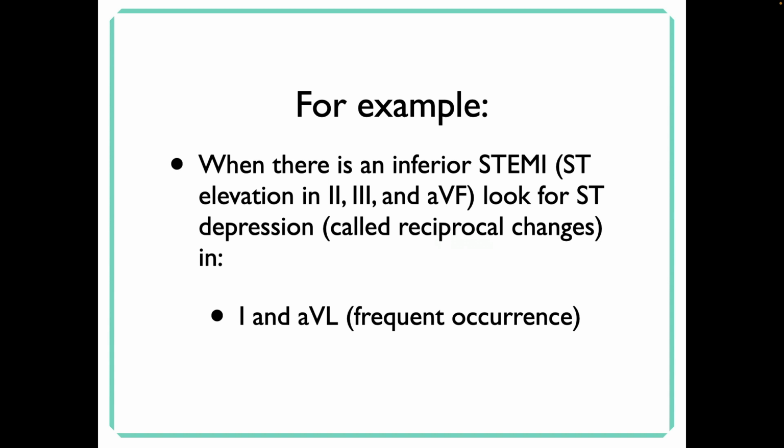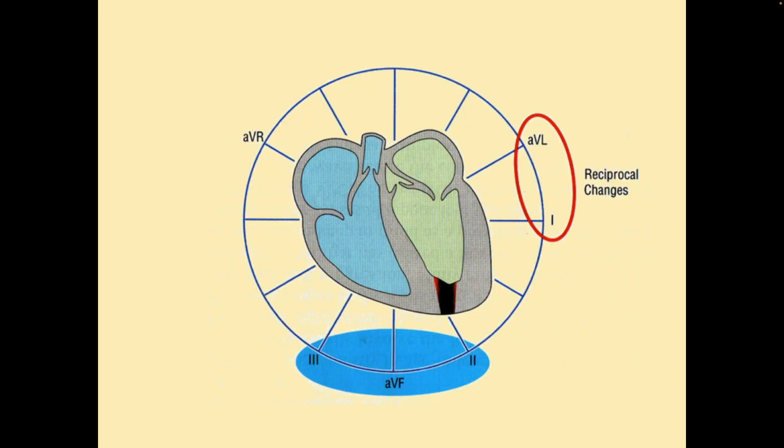So, what's all this about? Here is 2, 3, aVF, and here is 1 and aVL. And they're not directly across the limb lead circle, but they're sort of across from each other. So what that means is if your patient has an inferior STEMI showing ST elevation here, very frequently you will see ST depression here.